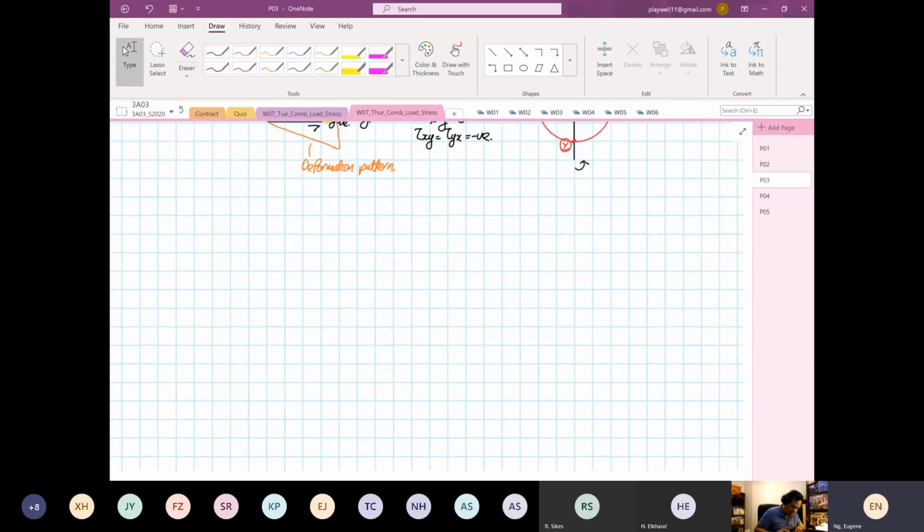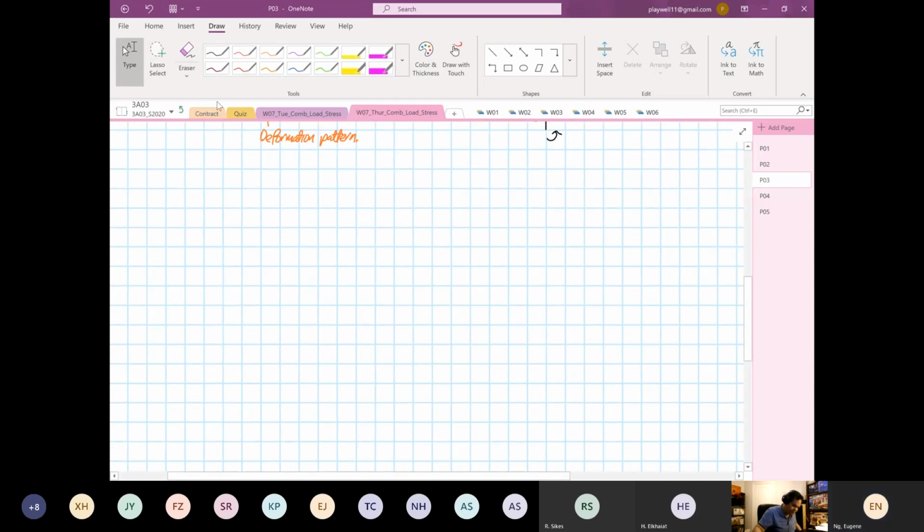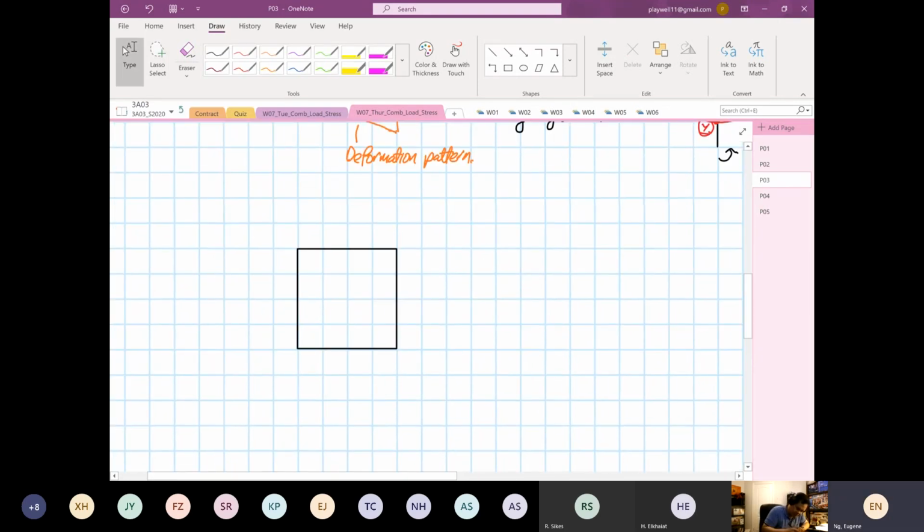Right. So now let's combine everything together. So now we have an element. This is our element. This is our example.